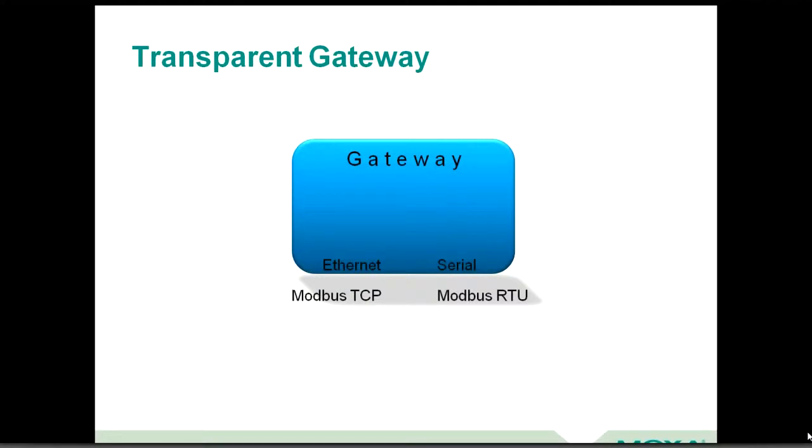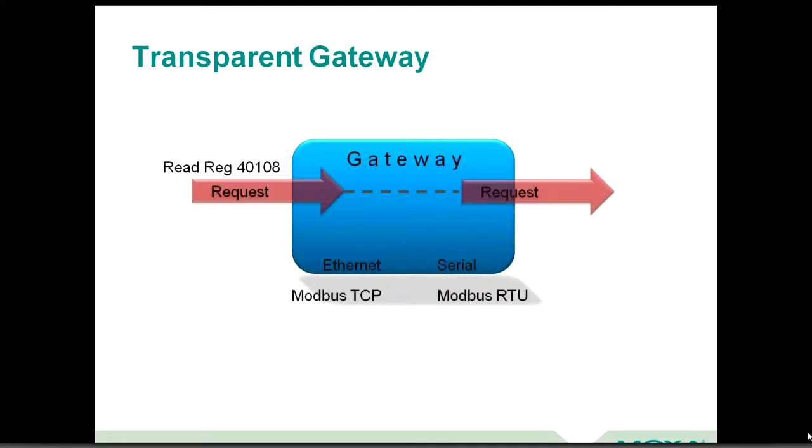So that function of the gateway looks like this, and we call this a transparent gateway because it works like this: you've got the gateway and it sees a request coming in. That request may be coming from your SCADA system over here, so we're talking about the SCADA host sending the request: let's read register 40,108. It goes through the gateway, does an on-the-fly conversion, and goes out to your attached device out here. That attached device is going to say, okay, here's your power value from that power meter.